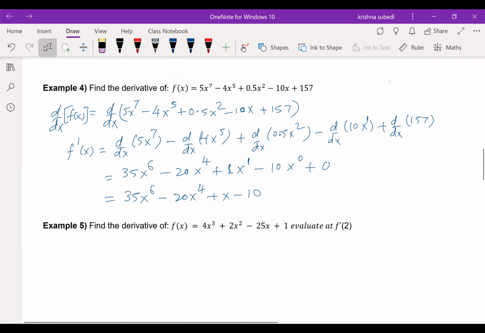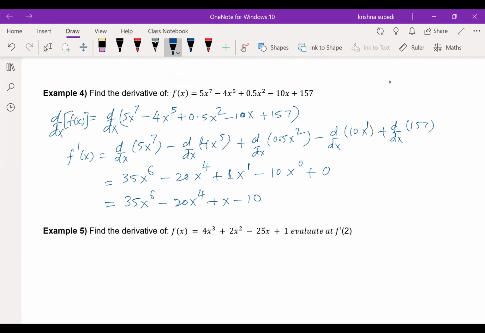Okay, let's look at example 5. So we are given a function 4x cubed plus 2x squared minus 25x plus 1. So the derivative will be f prime of x equals the derivative of 4x cubed plus 2x squared minus 25x plus 1.